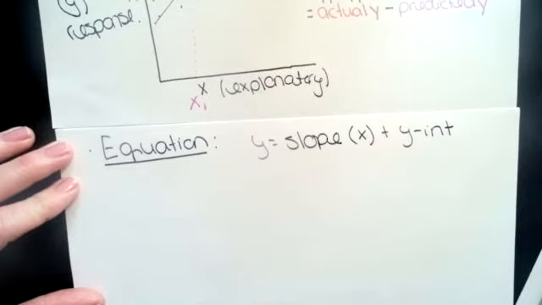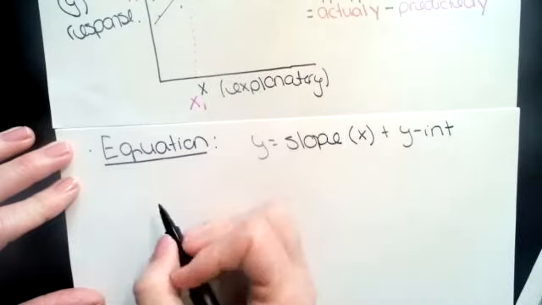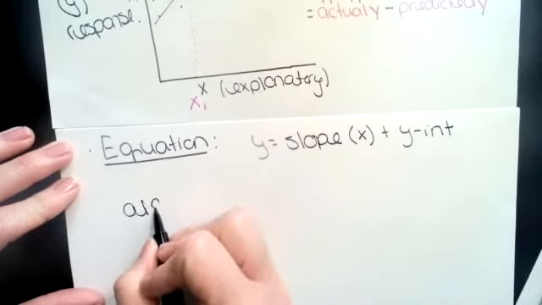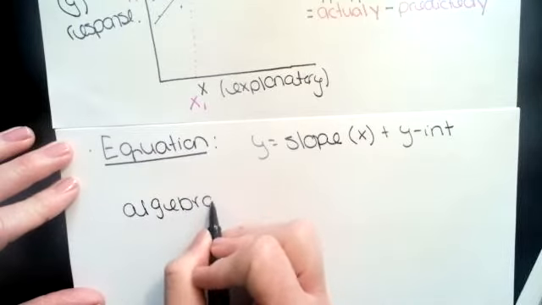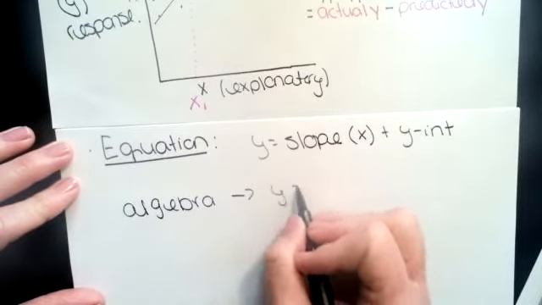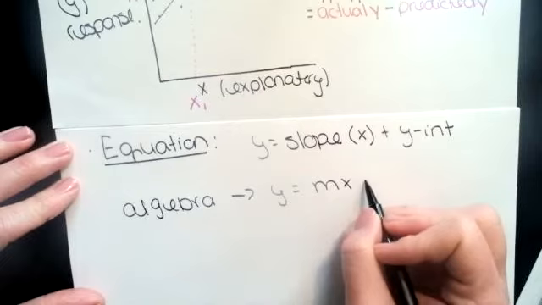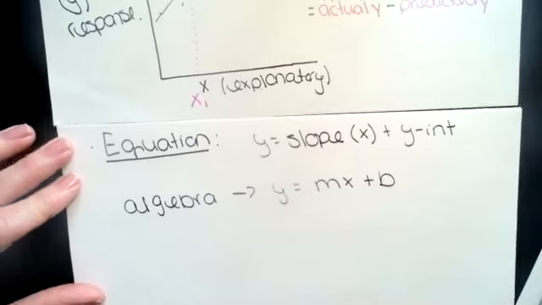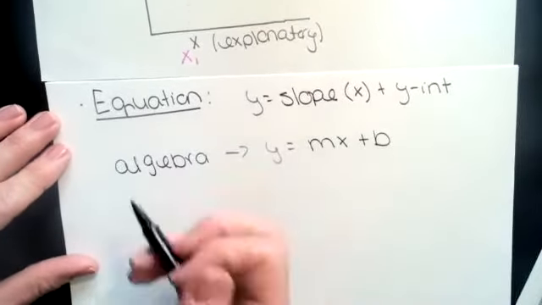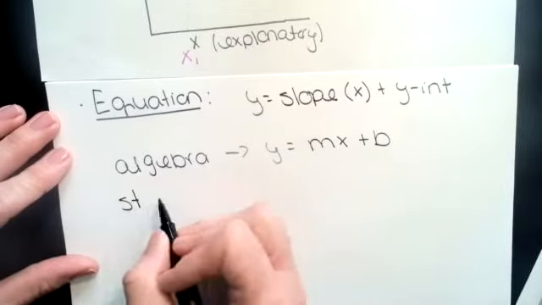We've all seen that in algebra class, where it's y equals mx plus b. That's not new for us. But here in statistics, we call it something a little different.